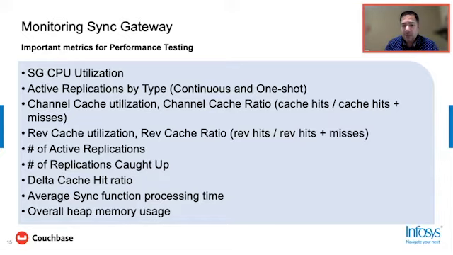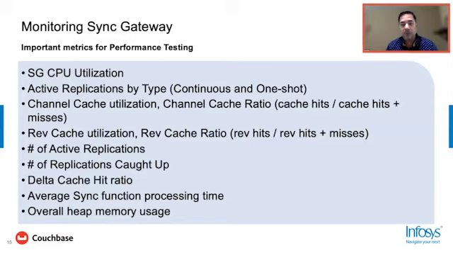Some of the other things that you want to look at, active replications by type. Again, that's one metric that Sync Gateway will provide you. It will tell you how many replications are going on at any point of time. And in conjunction with that metric, there is another metric called replications caught up. And that's a very important metric to look at, because it tells you how many users have caught up or received all the changes that there were, for that particular user.